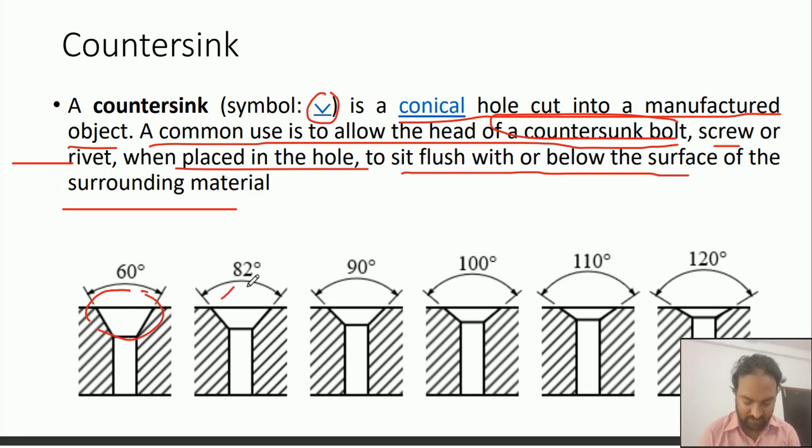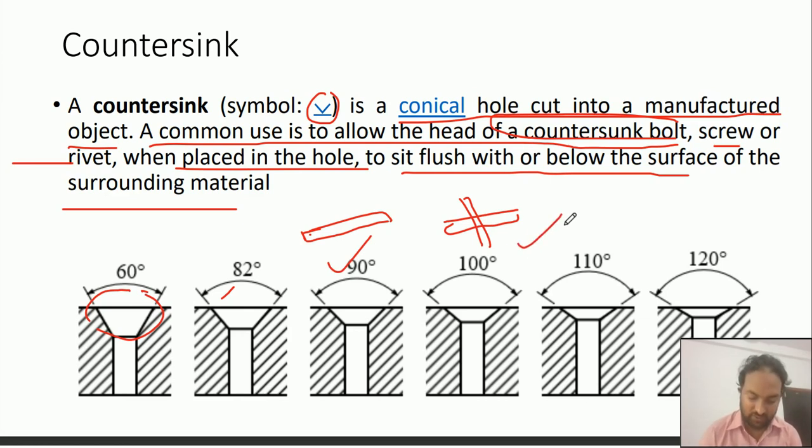Based on the typical countersunk angle, we can use different types of countersunk angle, you see. Sometimes the heads of countersunk headed bolts are provided with a straight cut or cross cut, so that we can use a straight screwdriver or a cross screwdriver, cross or diamond, to screw or unscrew the bolt.